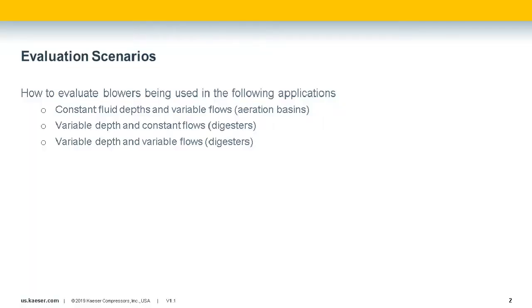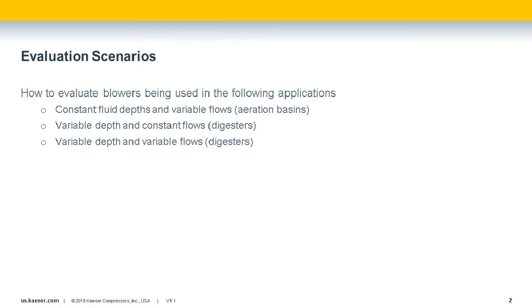There are many processes and applications for blowers in the wastewater industry. We have selected a few of the more common applications for review today. These include processes which have steady fluid depths and variable air flows. So these are most commonly your aeration systems. Processes with variable fluid depths and constant volume flow, such as a digester.